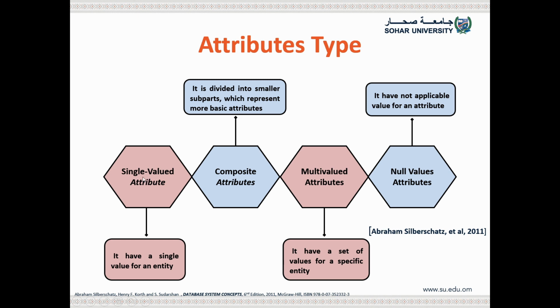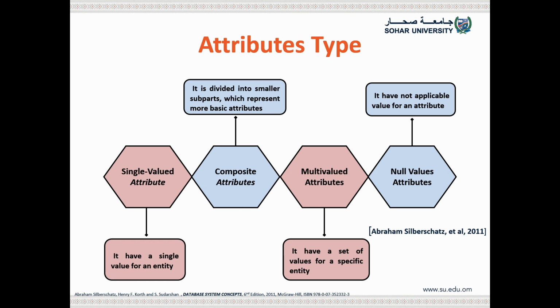A single value does not mean that it includes one number or one character. That means the whole domain includes one bit of information. Information is like my number, my name is Muhammad.